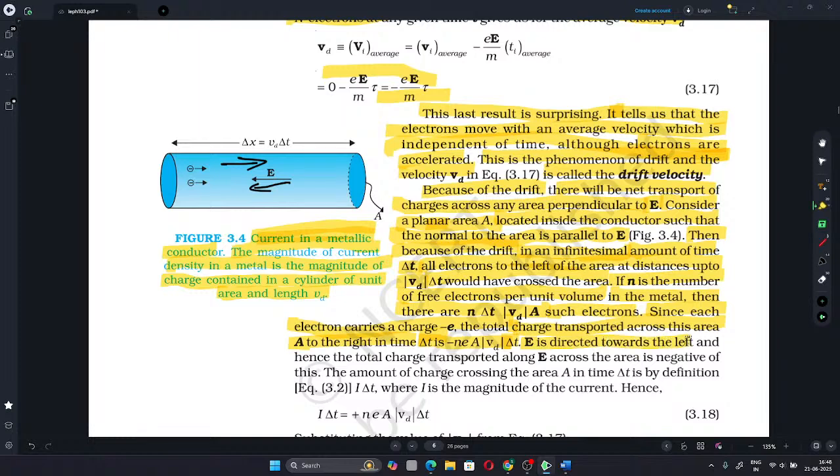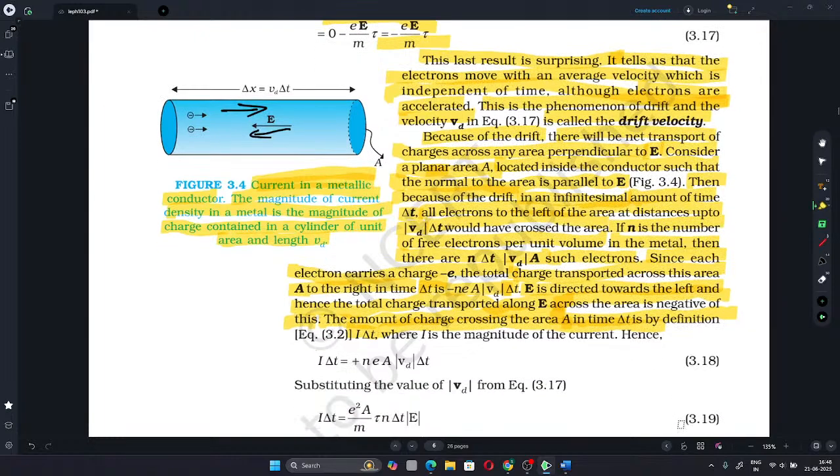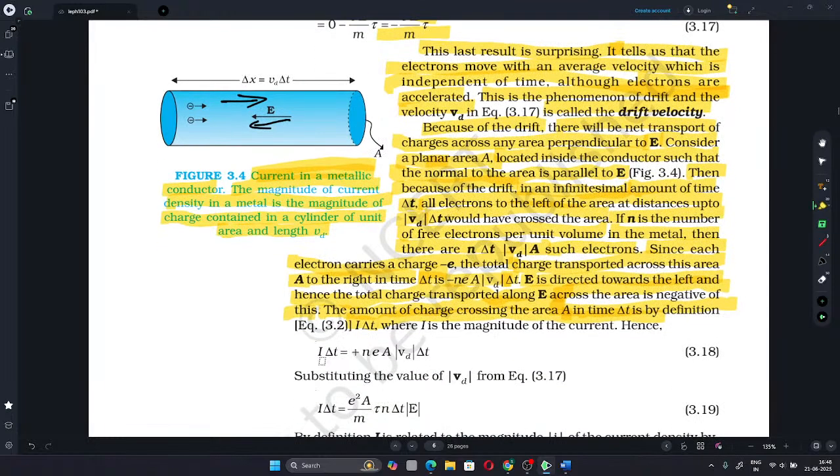E is directed towards the left, and hence the total charge transported along E across the area is the negative of this. The amount of charge crossing the area A in time delta t is, by definition, I delta t, where I is the magnitude of current. Hence I delta t equals n e A Vd delta t.